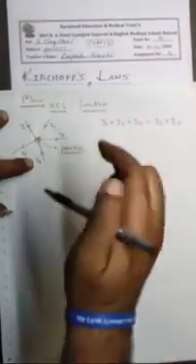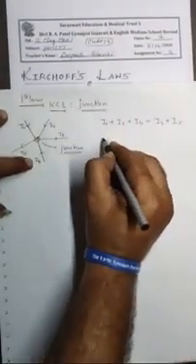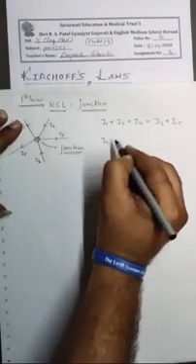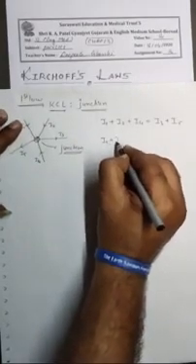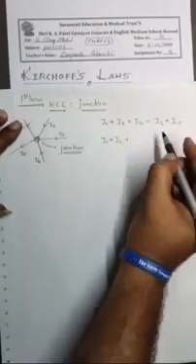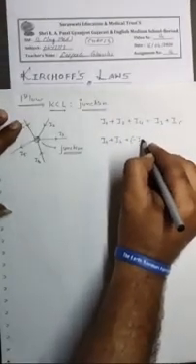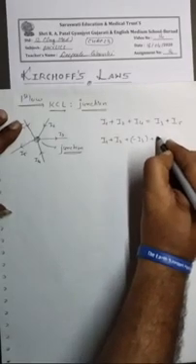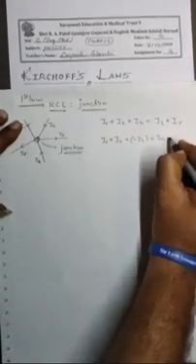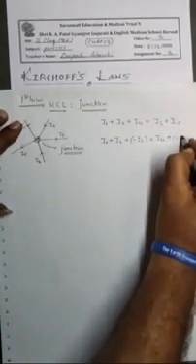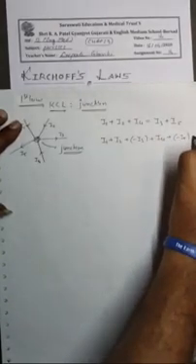Take these two on this side, so it will become minus. So you will have I1 plus I2 minus I3 plus I4 minus I5 is equal to 0.